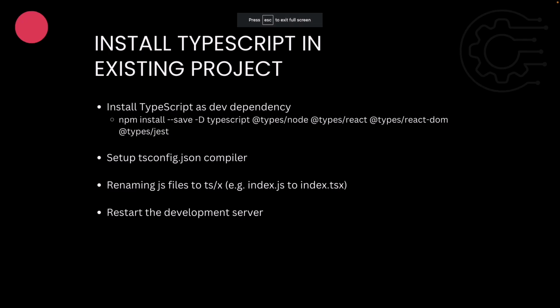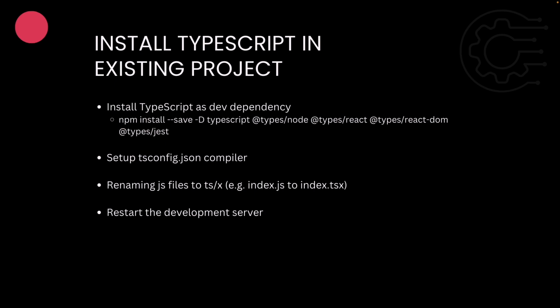Yeah, so this is the last slide. Basically, if you have an existing project which is React in JavaScript, to migrate that into TypeScript, all you need to do is install TypeScript and some of the types. You could do that as a dev dependency, or you could put it in your own dependency, that's fine.